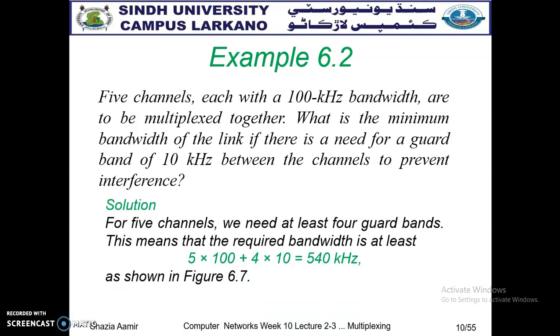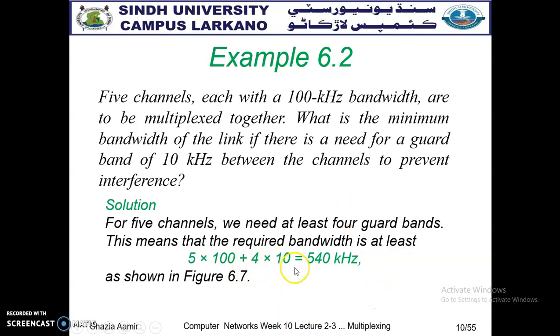The solution is this: we need at least 4 guard bands. Here we have 5 channels, 5 represents channels and 100 is the bandwidth, and 4 will be used as guard bands, with a guard band of 10 kilohertz between the channels to prevent interference.